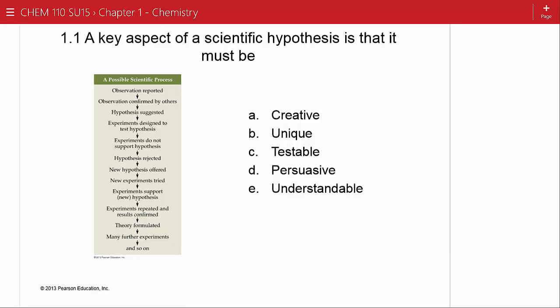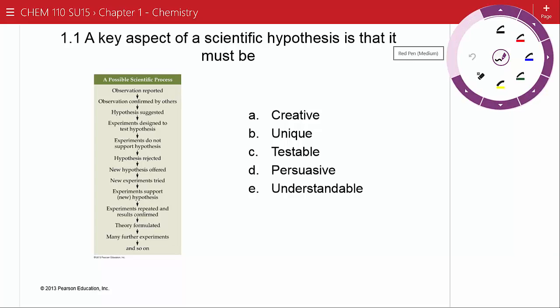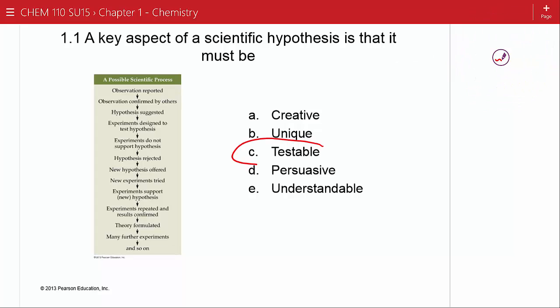What was that? Testable? Yeah, exactly. So having a creative hypothesis, yeah, that's great, but you have to be able to test it. Unless it's testable, it's just your opinion, right? So in this case, your hypothesis must always be testable.